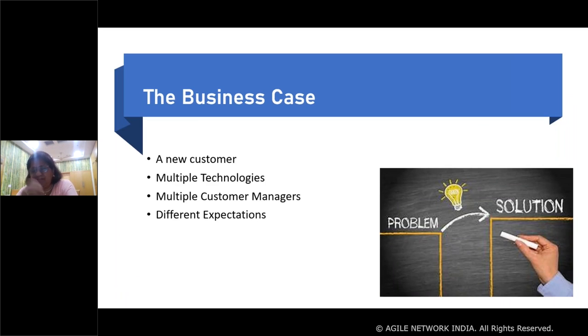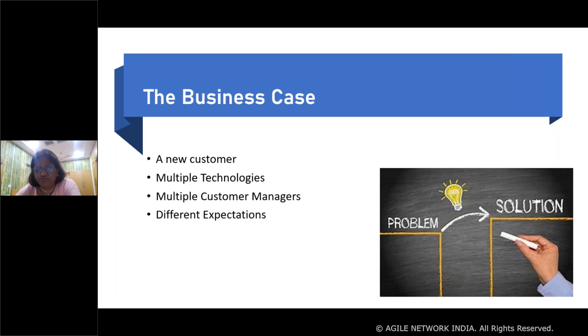What did we have in the business case? We had signed up with a new customer. There was a range of technologies starting from legacy to mainframe, and we had multiple points of contact at the customer's end, each of whom had to be assigned a different team, and each was either working in a different part of the domain or in a different technology.